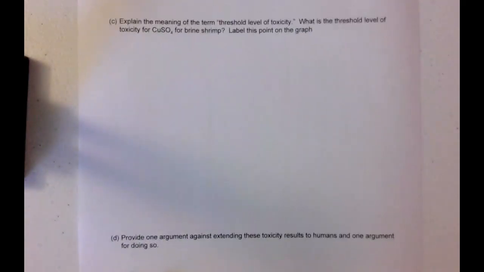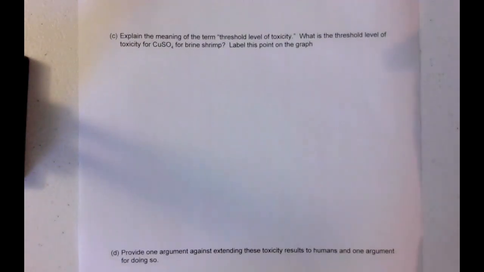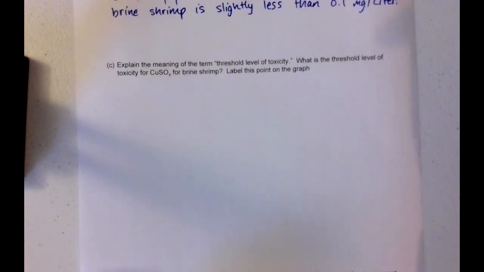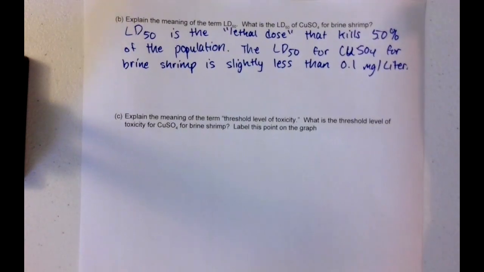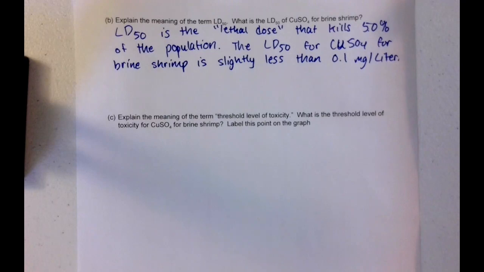Letter C says, explain the meaning of the term threshold level of toxicity. What is the threshold level of toxicity for CuSO4 for brine shrimp? Label this point on the graph.